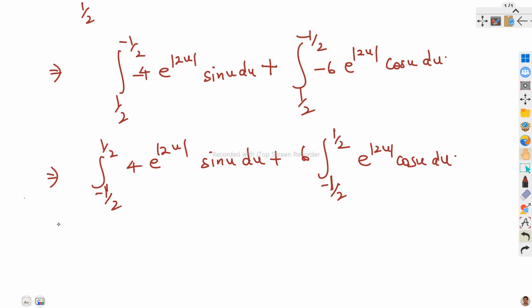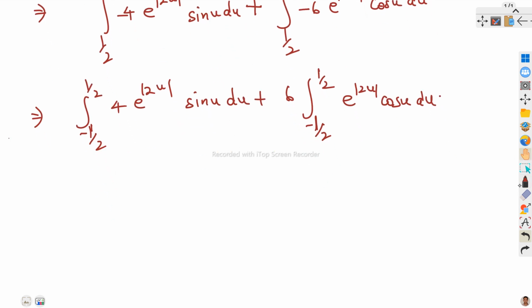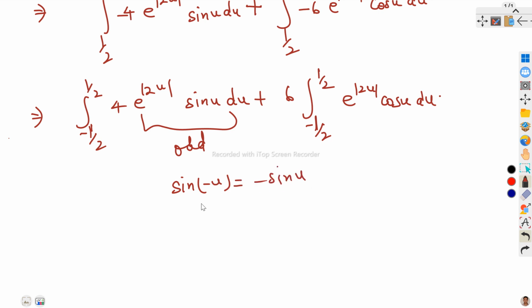So we know that this function is an odd function. Why? Since sin of minus u equals minus sin u, and the modulus function is an even function, so the product of even and odd function is an odd function.